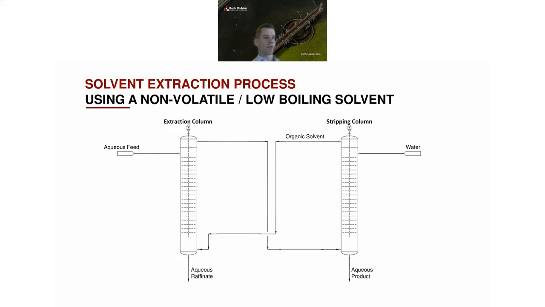There it flows to something called a stripping column, which is typically contacted with pH adjusted water to recover the solvent and to remove the solute from the extract stream, so it can go back to the first extraction column as regenerated solvent. And I'm going to be going through this in a little bit more detail in the second case study today.